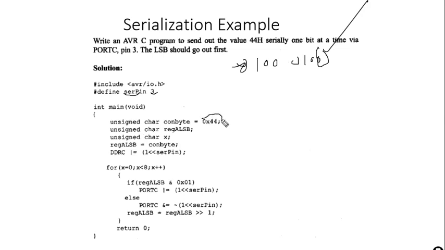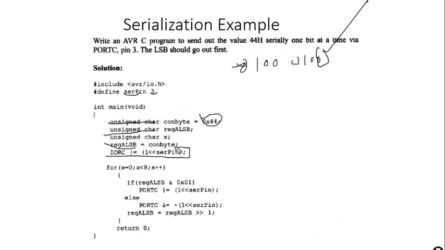The value we need to shift is initialized in a variable. It is a positive character, so we use the data type unsigned char, and an unsigned char reg_A_LSB is defined, which is the shift register we will use, and we assign the value to reg_A_LSB.